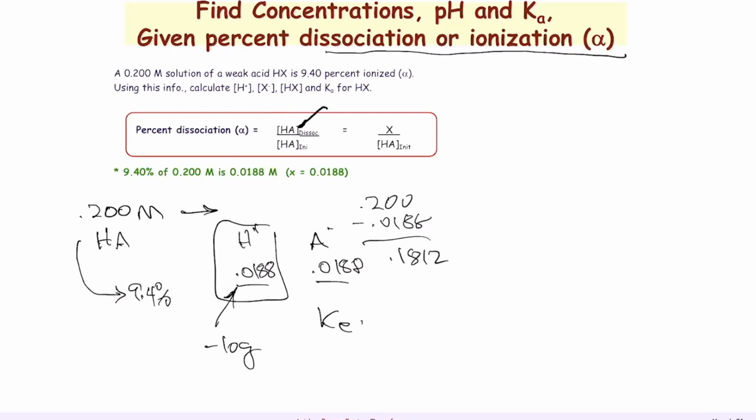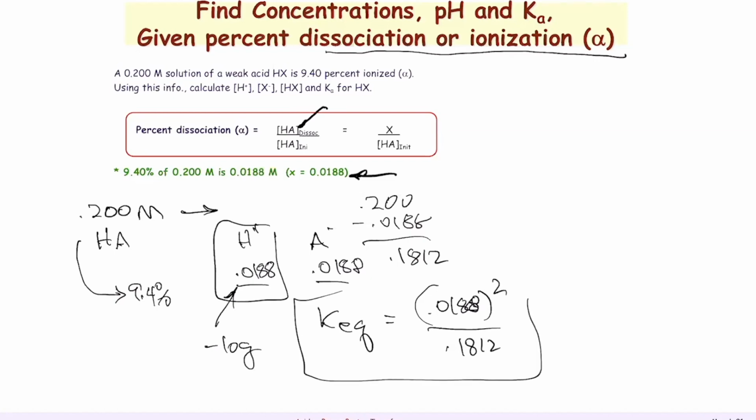K equilibrium is just equal to 0.0188 squared divided by 0.1812. Why? Because remember, the equilibrium constant is the mass action expression, and the mass action expression is the concentration of all the chemicals at equilibrium. These are the concentrations of all the chemicals at equilibrium given 9.4% dissociation. The percent dissociation tells you how much it will dissociate at equilibrium. So this is how you would solve for the equilibrium constant, and this is how you would solve for the pH.